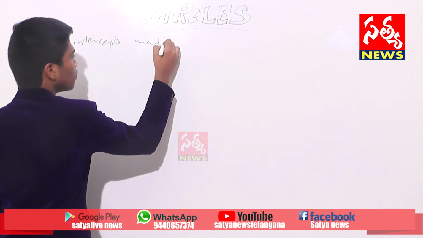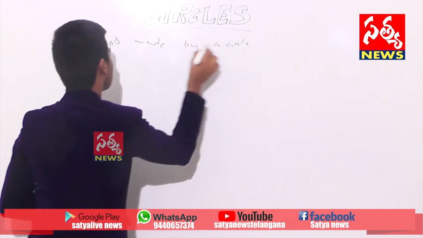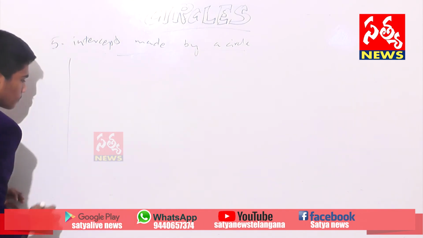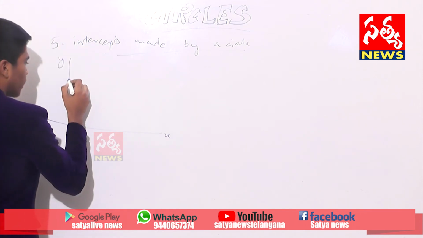And the next is intercepts made by a circle on their respective axis. Let's take this is the x axis, this is the y axis.